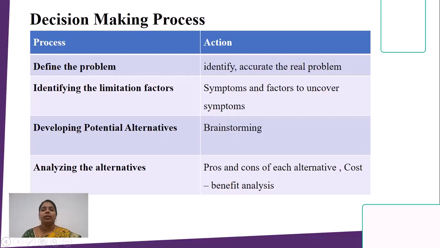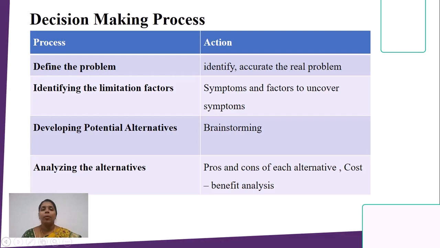Number 2, identify the limiting factors. Limiting factors will have a major impact in identifying the appropriate solution for a business problem. So it is the duty of the managerial economist to identify the symptoms and to address the symptoms and also to explore the factors that uncover the symptoms of the problem.